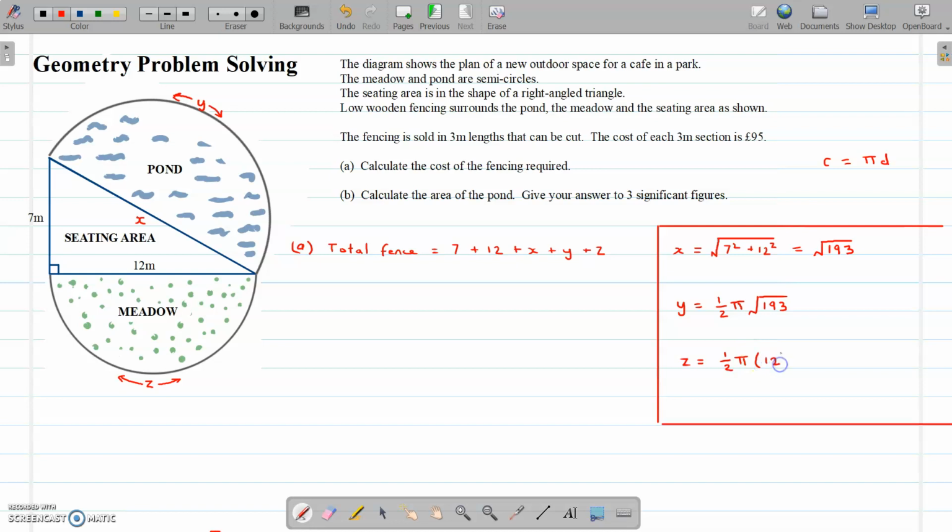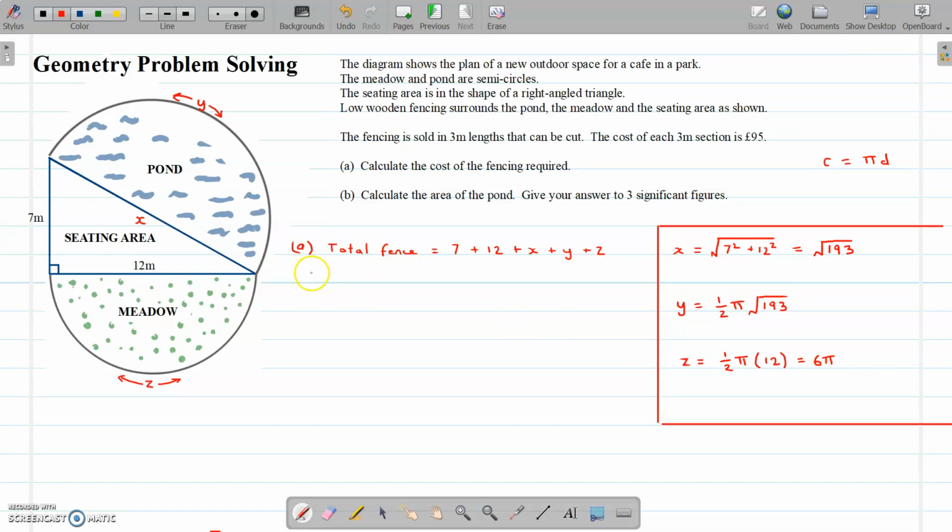Now half of pi times 12 can be simplified to 6 pi, and I would do that in this case. So we now have the value of X, the value of Y, and the value of Z, and we need to substitute them into here to work this out.